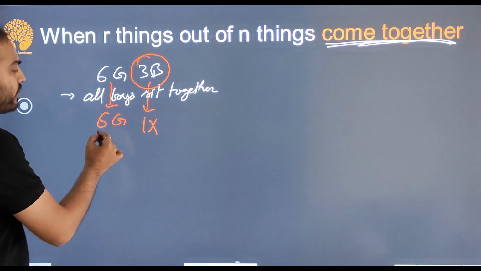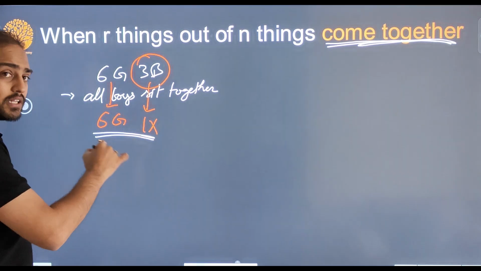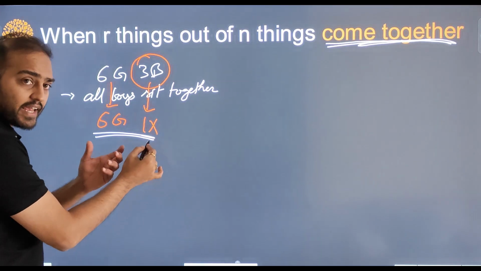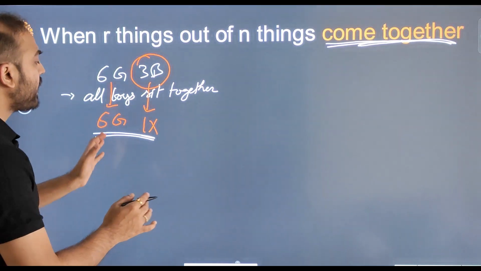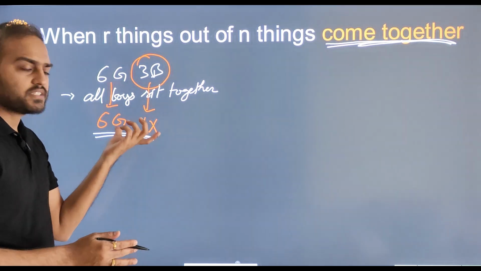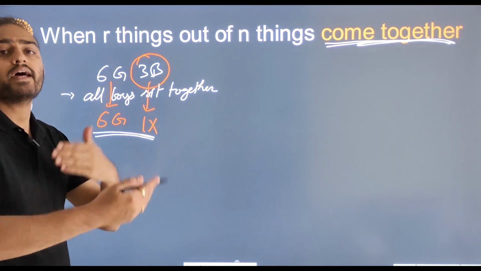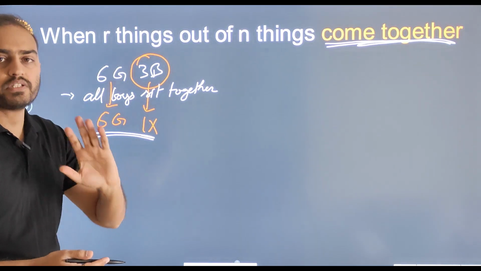So I have 6 and 1, 7, and I have to arrange all 7, because wherever this X goes, the 3 boys will go and sit there. So it's not as if there are 7 people now. There are 7 units or 7 quantities that I want to arrange.